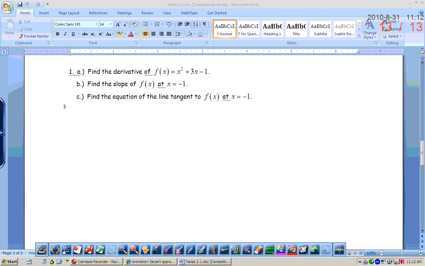So to find the derivative, that's where we have to use what is called the limit definition of the derivative. So f prime of x will equal the limit as h approaches 0. And our formula is f of x plus h. So how do I find f of x plus h?